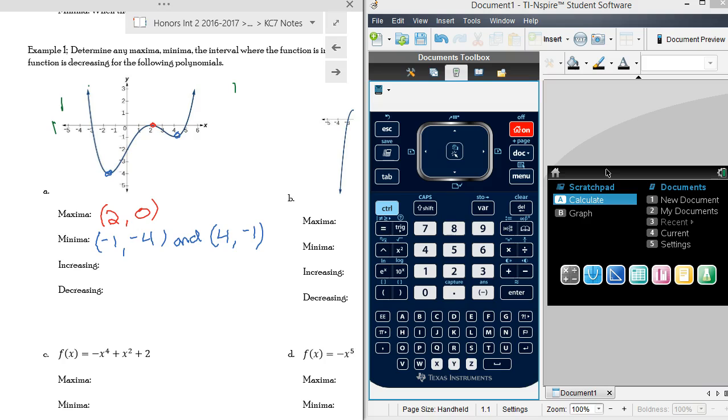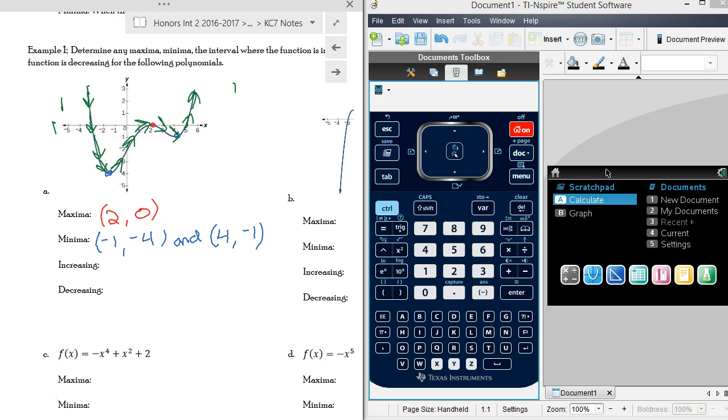So I'm going to start at the leftmost point of my graph, the left end. And if I was to draw my graph, I'd be drawing arrows that way, right? So you can follow the arrows around. It's increasing anytime the arrows are going in a slightly, even just slightly, upward direction.